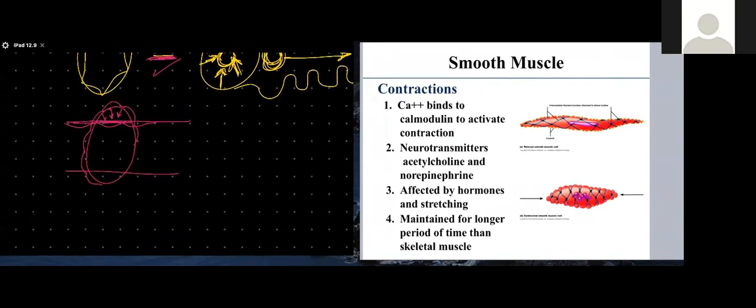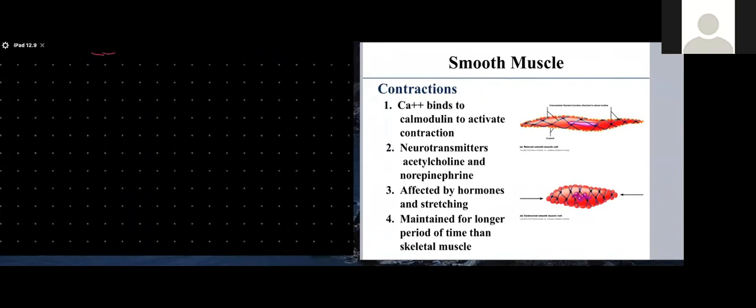So how are the smooth muscle cells going to be contracting? Remember, what was the protein subunit to which the calcium was binding? What was the name of the regulatory protein subunit that allowed the contraction of the skeletal muscle to take place?